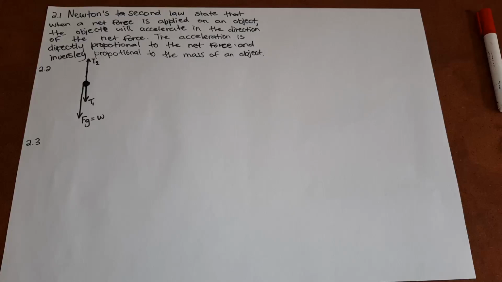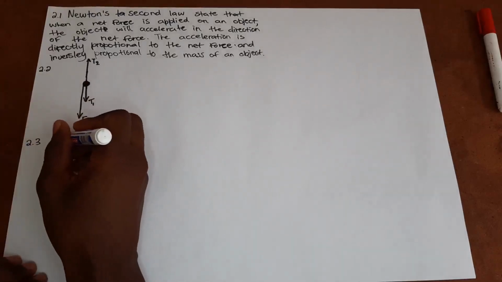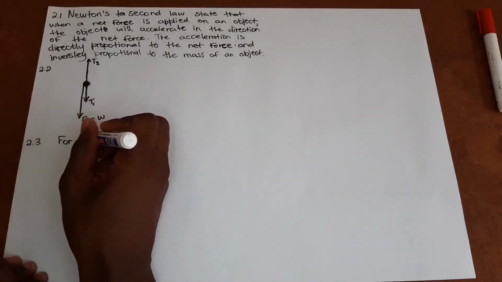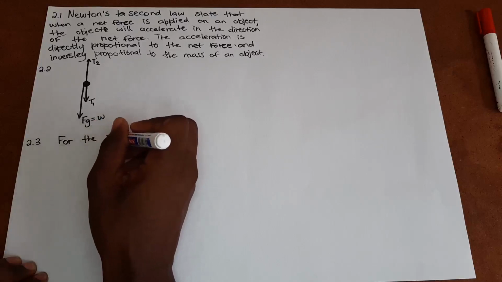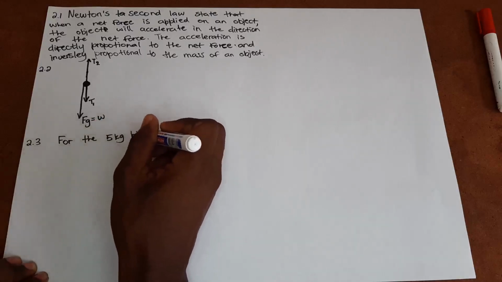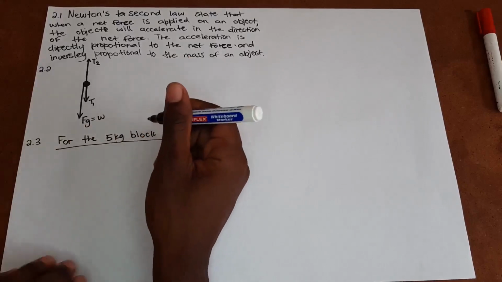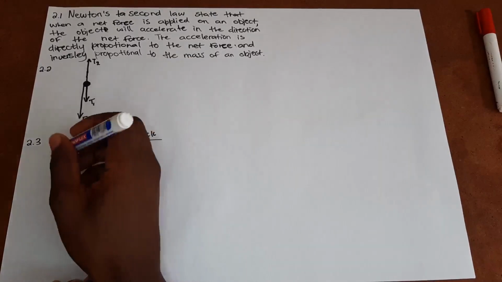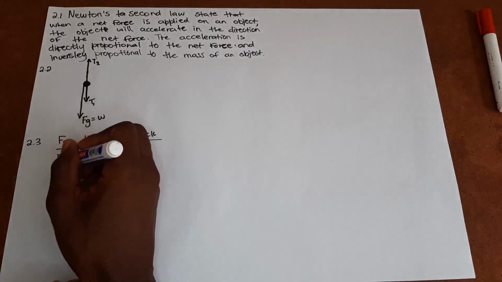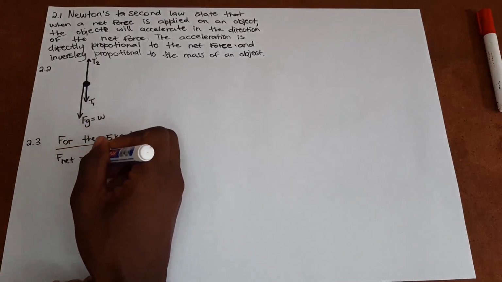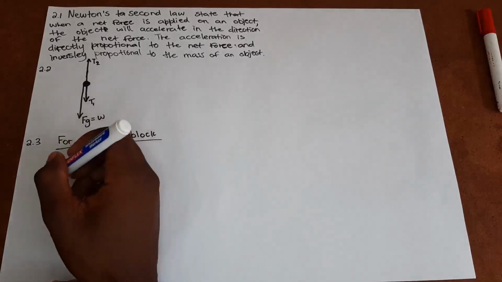The 5 kg block is connected with the very same string to the 20 kg block, meaning that the tension is the same. So for the 5 kg block, our net force is equal to mass multiplied by acceleration.